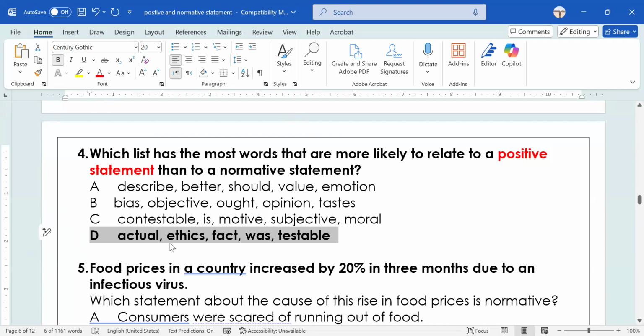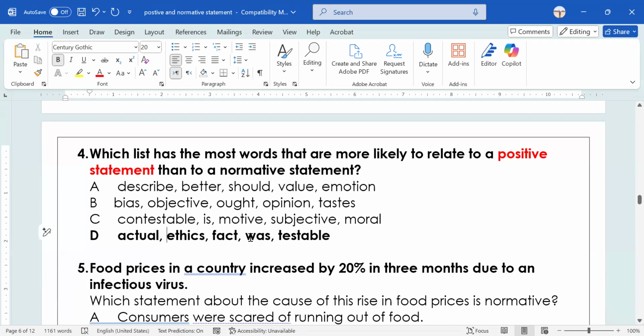When we say ethics, although it sounds like values, in this context it really helps to distinguish between ethical debates and factual analysis. Of course, when we say fact, it is connected with positive statement.